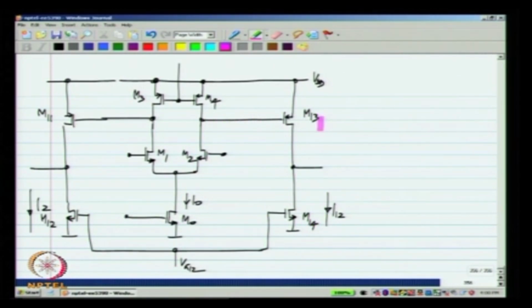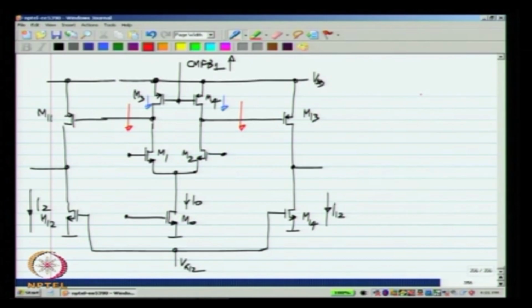Now, how would we control the current in transistors M11 and M13? If you observe, let us say I change this voltage, let me call that CMFB1. Now, what happens is, let us say I increase this voltage, the currents in M3 and M4 will reduce and the output voltage here will reduce, okay.